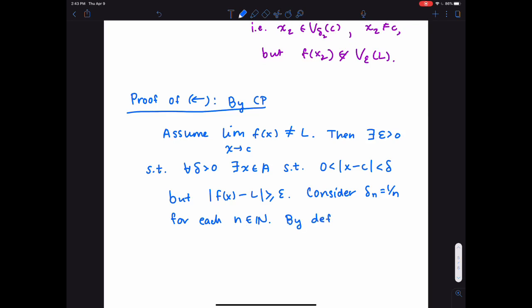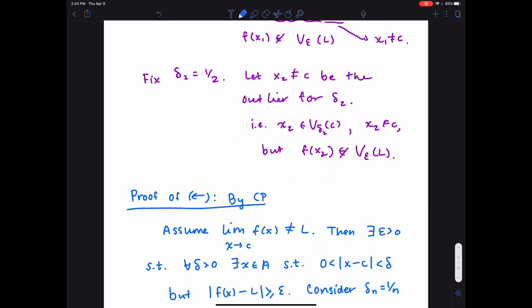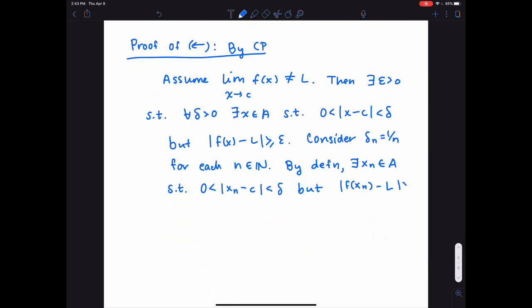By definition, here I'm referring to the definition of the limit not being equal to L, there must exist an xn in A such that 0 is less than |xn minus c|, which is less than delta, but |f of xn minus L| has to be greater than or equal to epsilon.